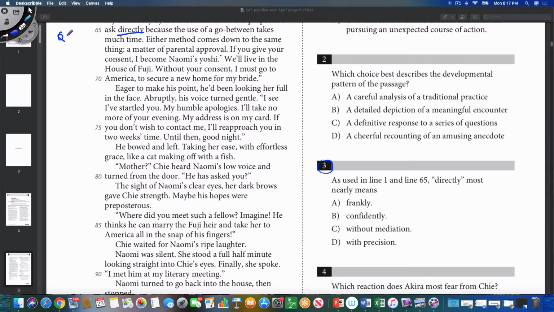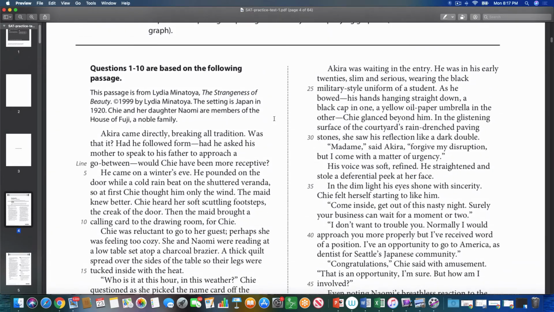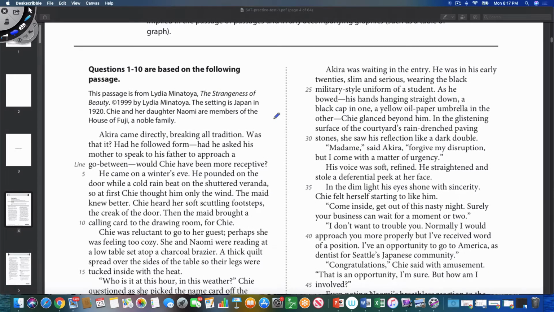On the margin, I will put Q3, so that later on when I'm reading this part of the passage, that annotation on the margin will catch my eye and I can answer the question with that. Similarly, I'll go back to line 1, and on the margin of that line, I will put Q3 and underline the word directly. So that's what I do with my local questions.